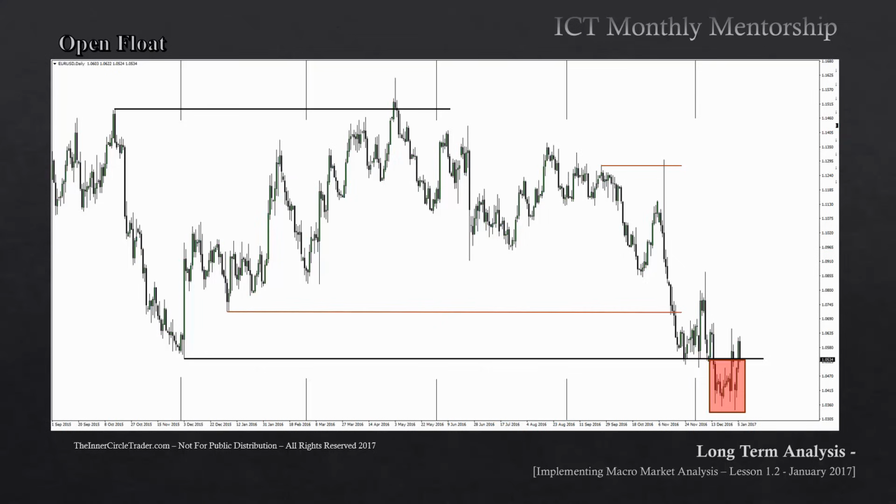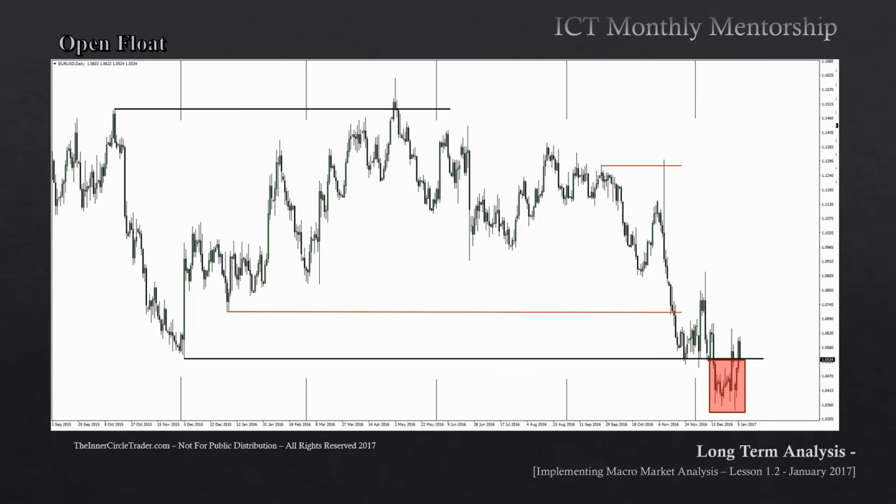Okay, look at the move from the December low of 2015 up to the high made in May of 2016.